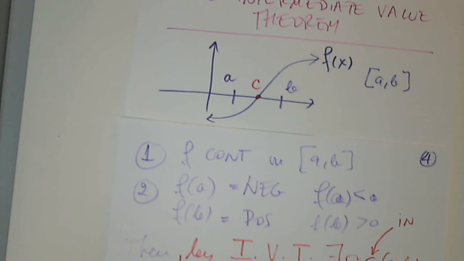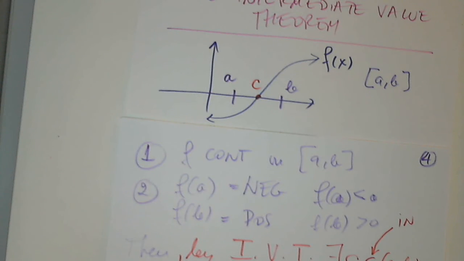What does this really say? It says, let's suppose I cannot solve an equation. But I show that the function crosses the x-axis between a and b because it's continuous. And I can prove that at a it is negative and at b it is positive, or vice versa, of course.